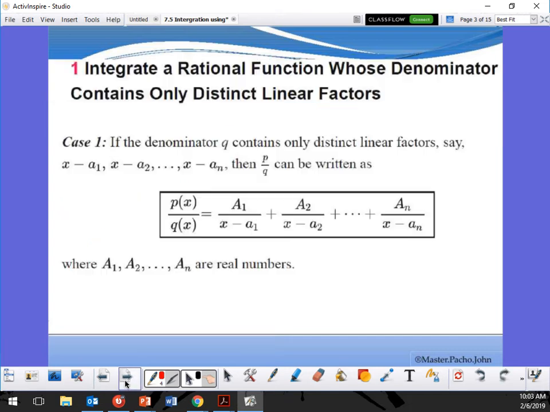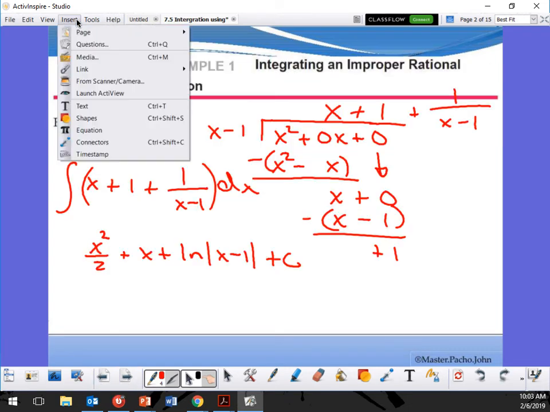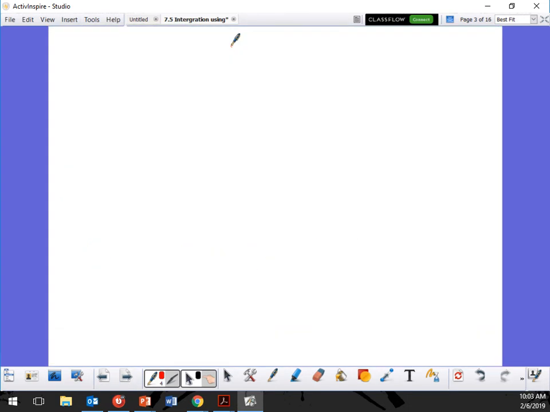Okay, so I'm going to insert a new page and I'm going to give you another problem just so you guys could actually try to practice this one.